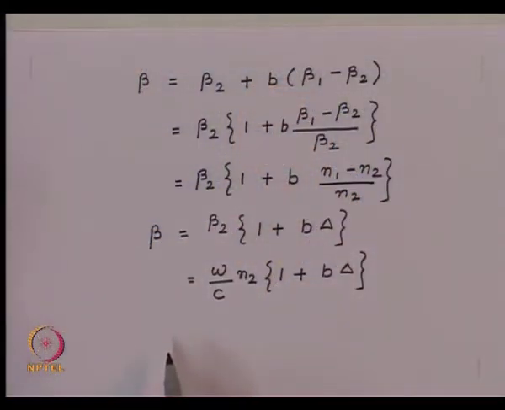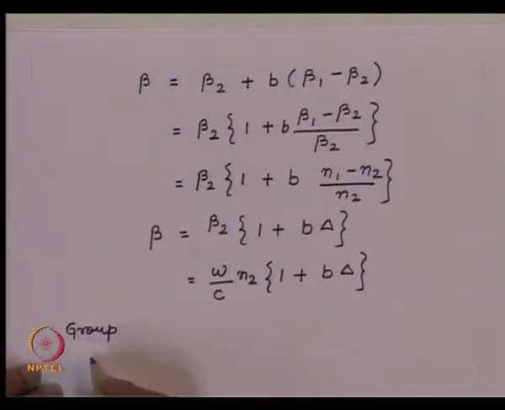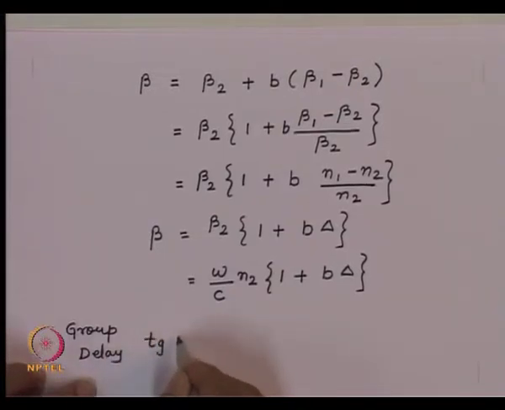So now to find out dispersion, as we have done in our basic formulation, first we find out what is called the group delay, which is d beta by d omega. So we have group delay Tg, that is equal to d beta by d omega.